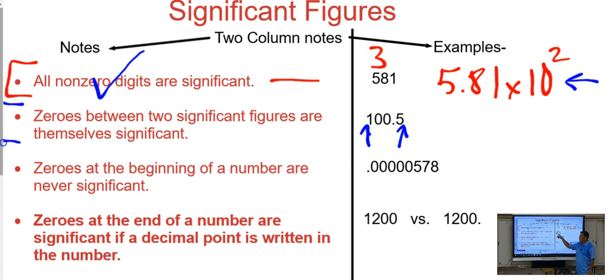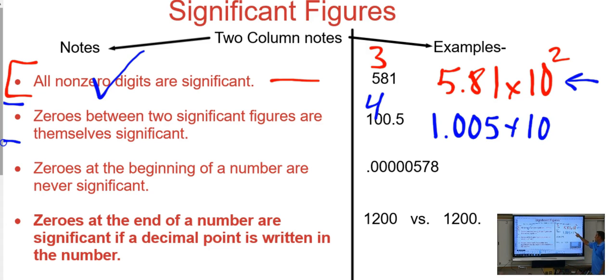So this number right here has how many significant figures? 4. Every single one of them is significant here. And to write that number in scientific notation would be 1.005. I have to account for every significant figure times 10 to the 1, 2.